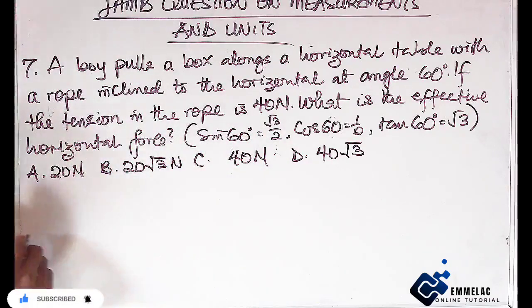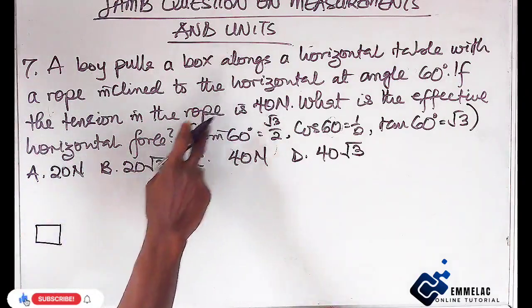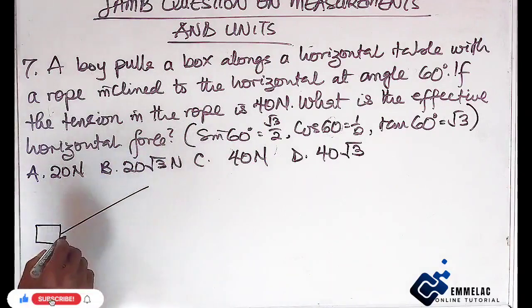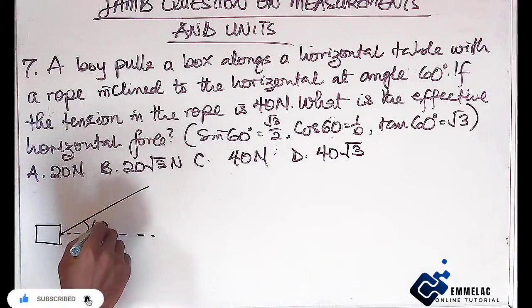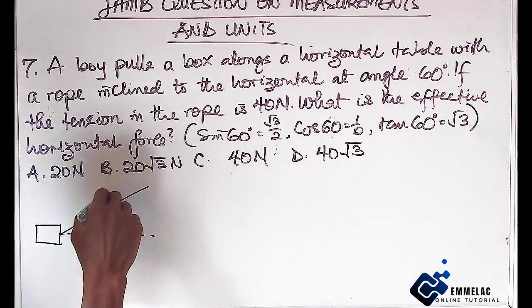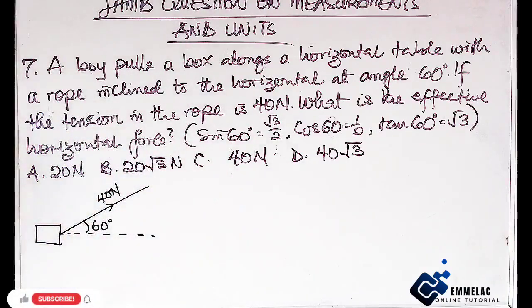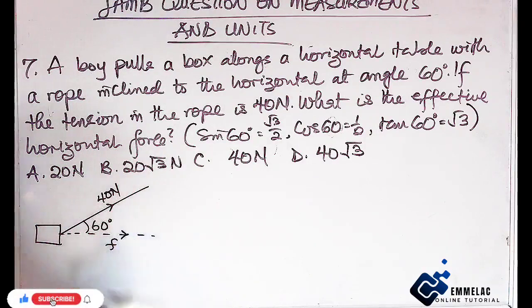So let us say this is the box, and it's inclined to the horizontal at 60 degrees, and this is the tension in the rope, 40 Newton. Now the horizontal force, which is this, is F.